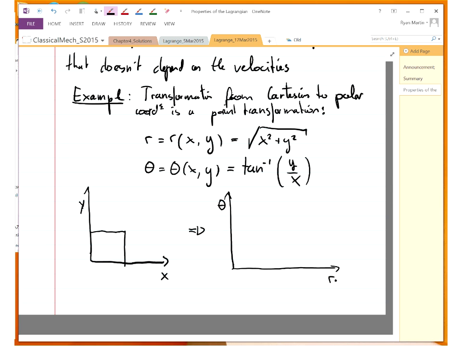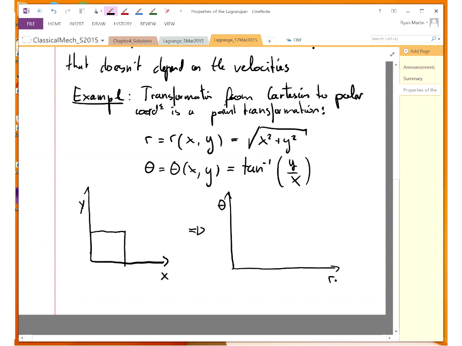So if you draw such a rectangle and you apply the coordinate transformation, then you get something that'll look like a distorted version of the square. In the notes I actually calculated where the points end up.